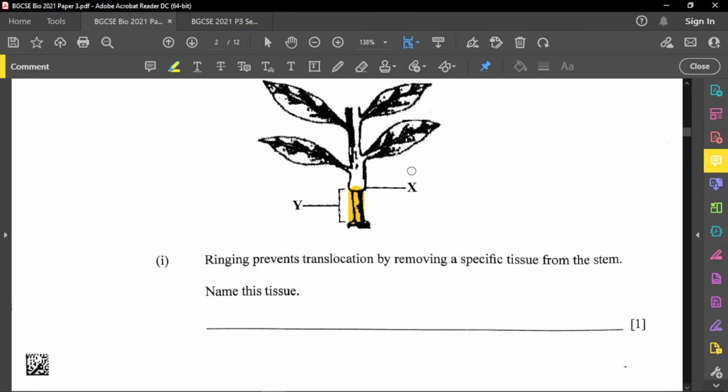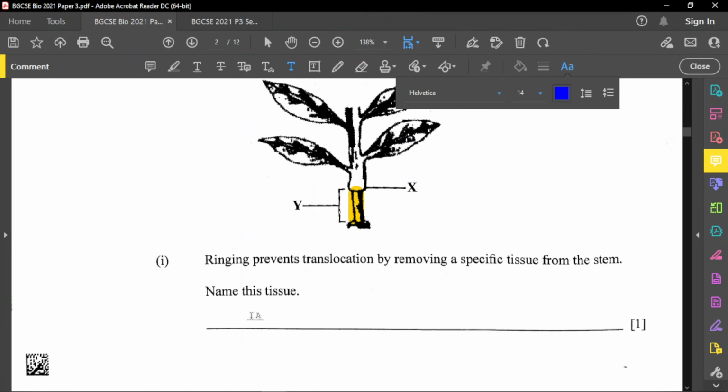Now, very important right here: it said prevents translocation. So you take away this tissue that prevents translocation. You need to remember what part of a plant transports plant food, and that is the phloem vessel. So the phloem is the answer right here because it is what is transporting the food, and that process is called translocation.